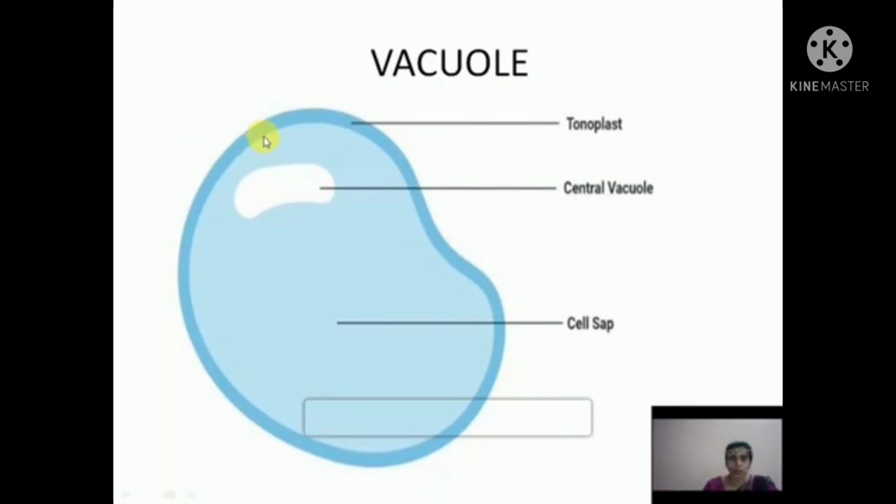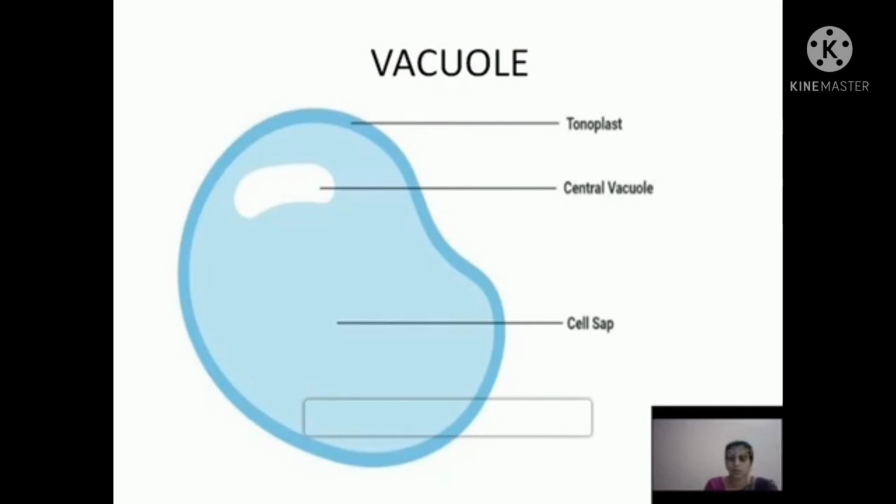See, this outer layer is the tonoplast, the inner center in white color is the central vacuole, and this blue color is the cell sap, containing a watery solution, especially sugar, amino acids, proteins, lipids, etc.